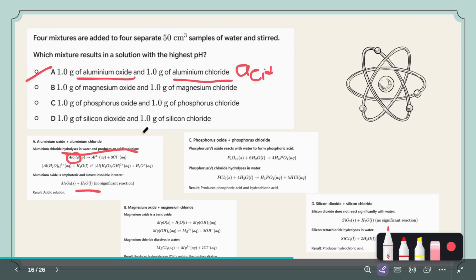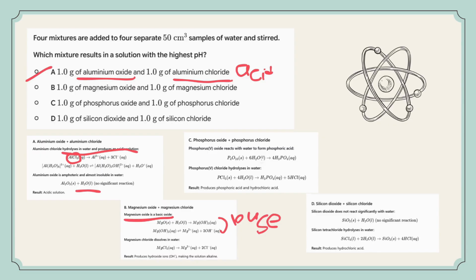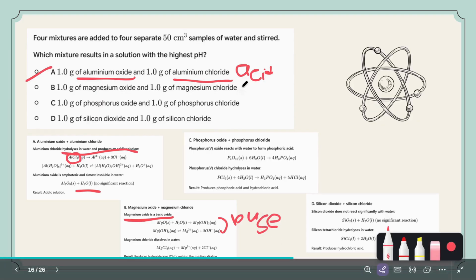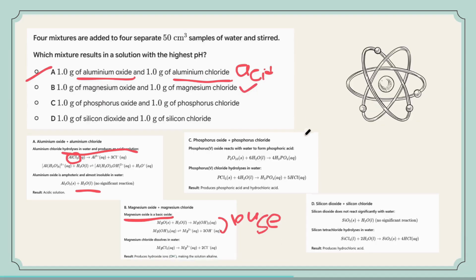Magnesium oxide is a basic oxide, so it dissolves in water and produces a base solution. And magnesium chloride dissolved in water produces hydroxide ions and makes the solution alkaline. Because this is a base, it has high pH.